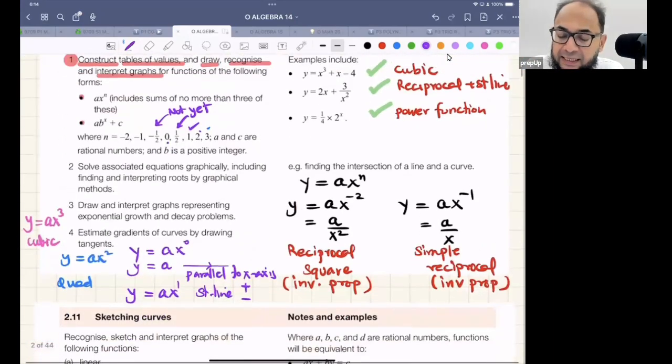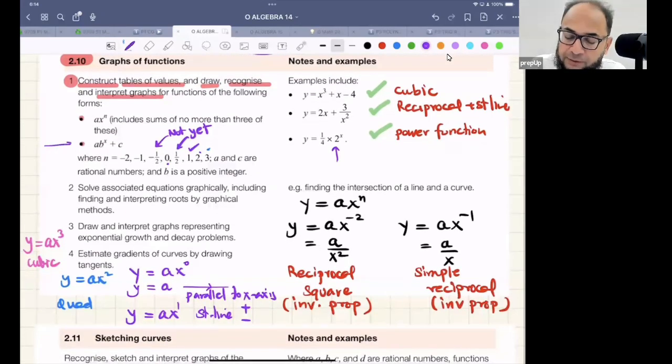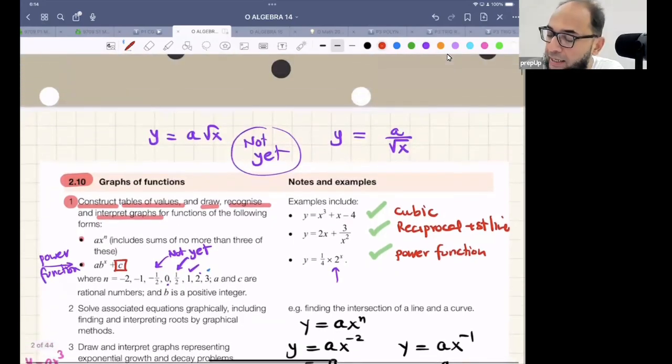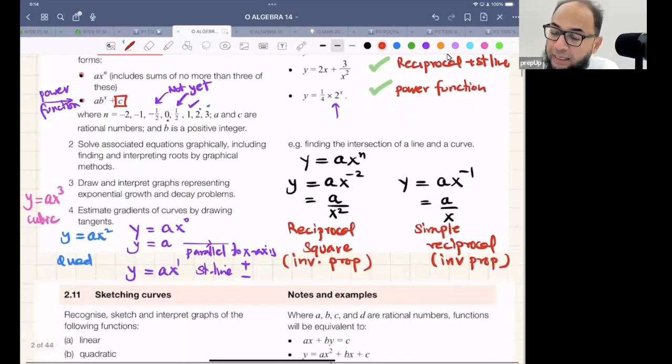And then this thing, ab^x + c. This is like 2^x, the power function, which we have studied, but the plus c is not yet studied. So these three things we need to study.